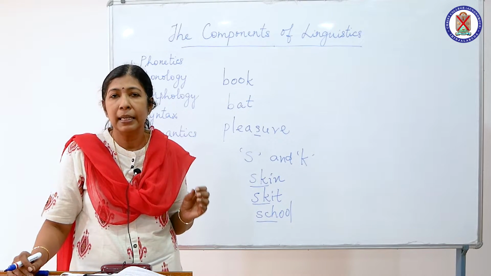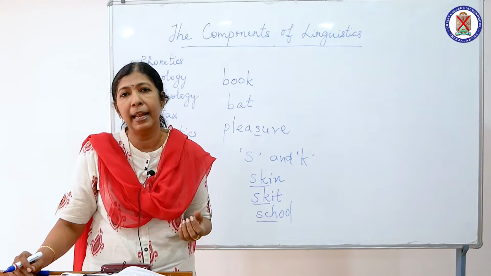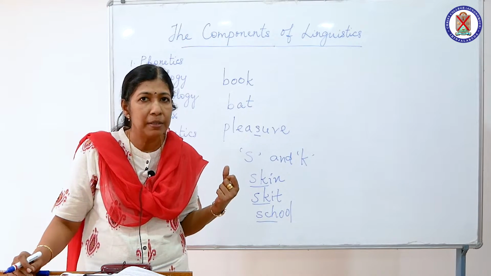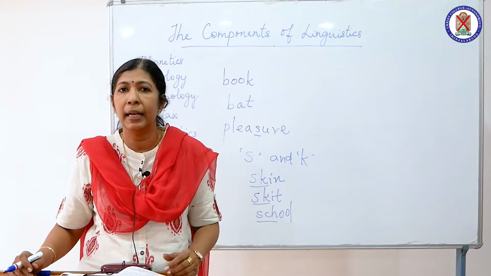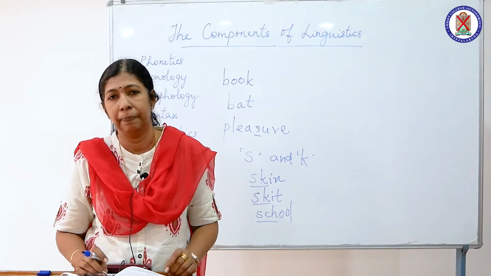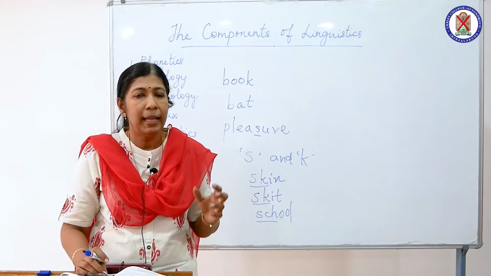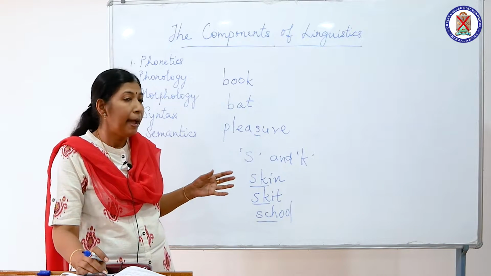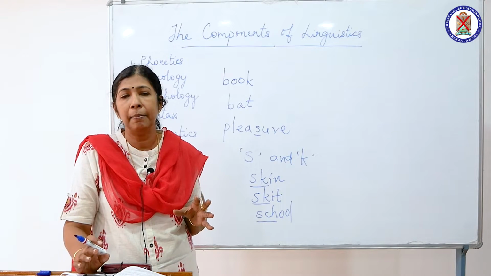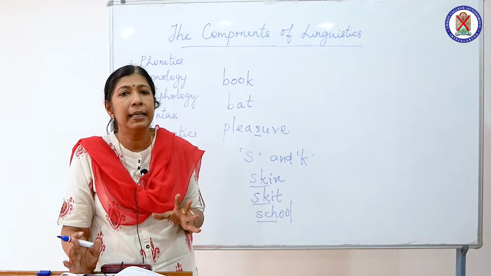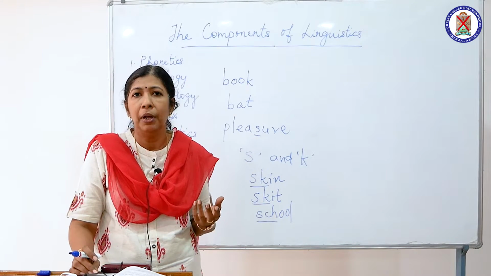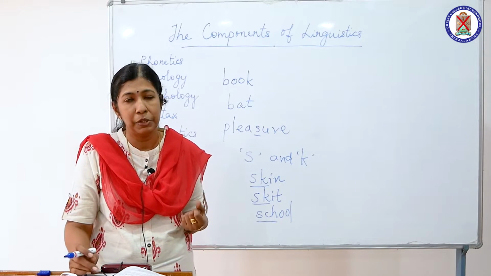In Hindi, sa and ka do not occur at the beginning of a word without an intervening vowel. Wherever these sounds occur in a word in Hindi, we will always find a vowel sound present in between. So, that is why we can say that every language selects certain sounds and organizes them or combines them according to certain patterns. The pattern of combination in one language may not be seen in another language.